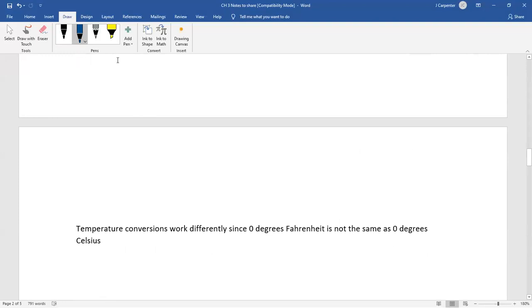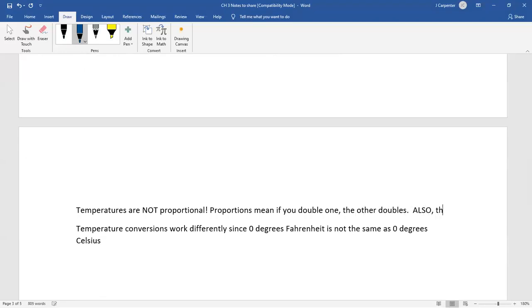The final thing I want to point out is that temperature conversions work differently because they are not proportional. Remember, the idea of proportions is if you double one, the other doubles.